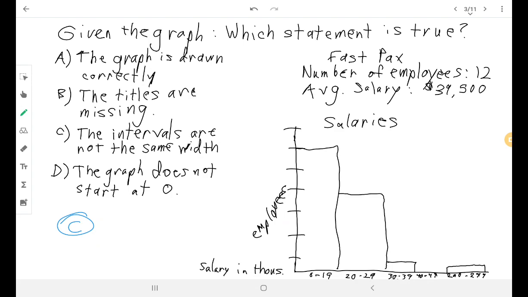They're trying to make it look like, well, yeah, we pay more on the bottom of the scale and we pay less at the top of the scale, but really that bottom of the scale should be way thicker, or it should be twice as thick as these two are, and the top of the pay scale over here should be really, really thick, right? So that's all misrepresented. All right, so let me give you a moment to look at that, ponder that.